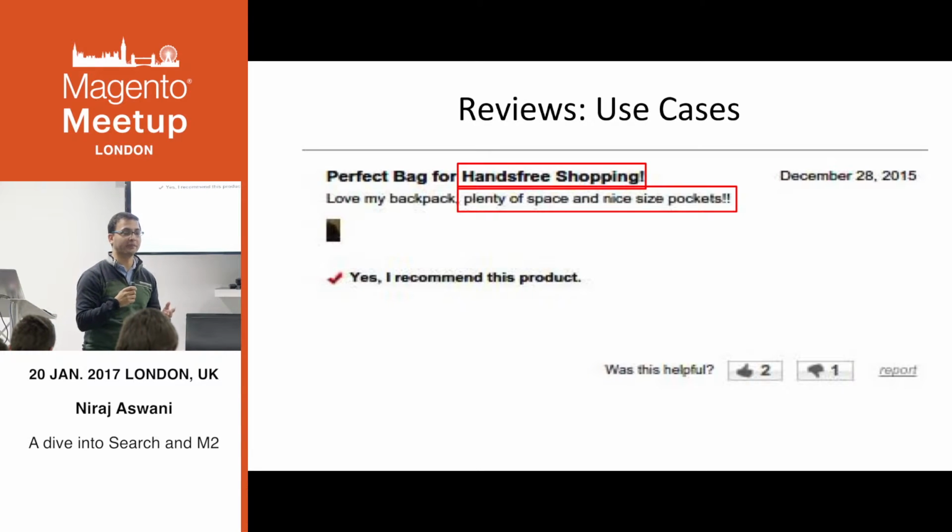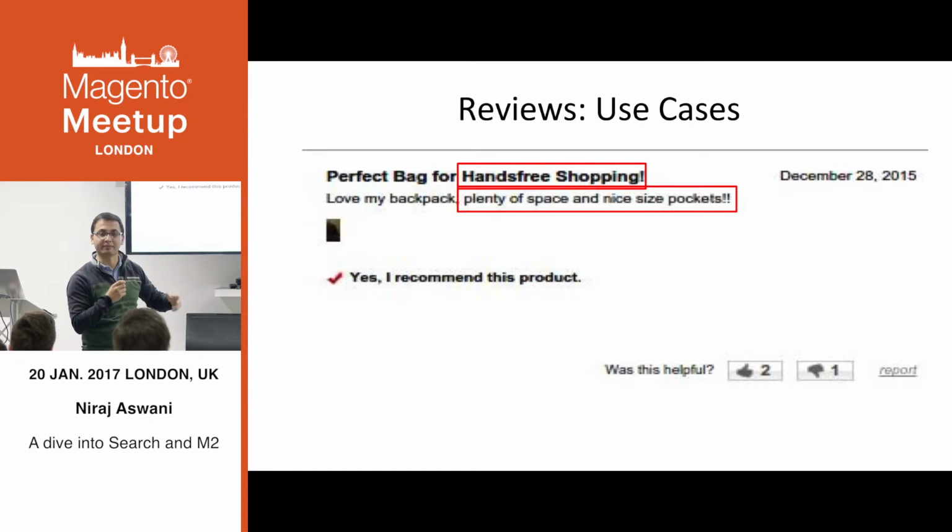Well, sometimes people leave information behind in the reviews which may not be available in your catalog. Like here, somebody bought a backpack and he wrote that there's plenty of space in that backpack and it has nice size pockets.